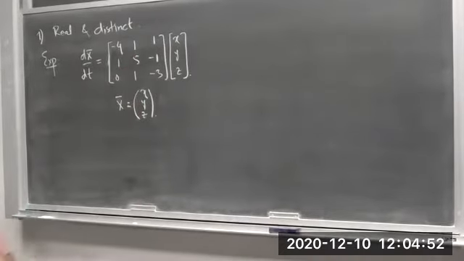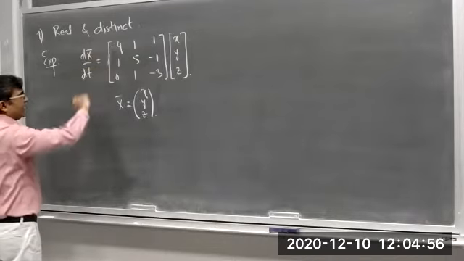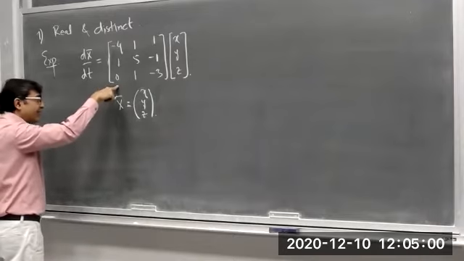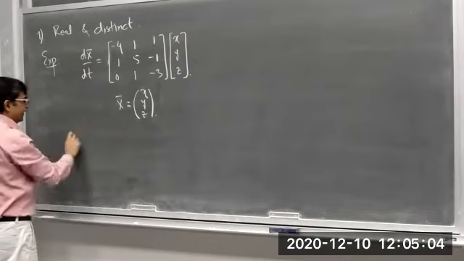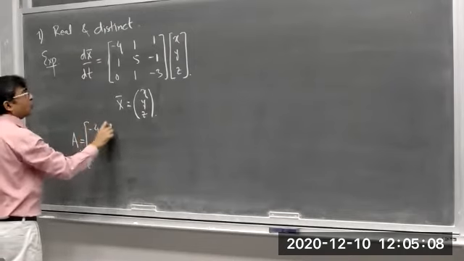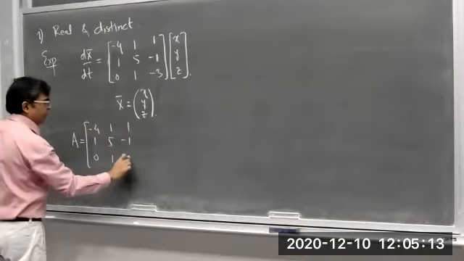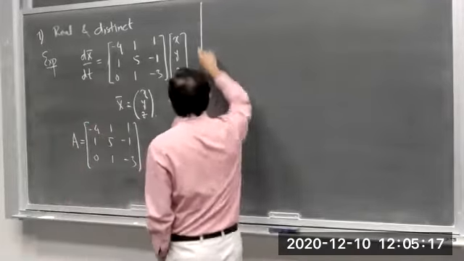In order to solve this system, we need to find the eigenvalues and eigenvectors of this coefficient matrix A. So the matrix A is this one: -4, 1, 1, 1, 5, -1, 0, 1, -3. How do we find the eigenvalues and eigenvectors?